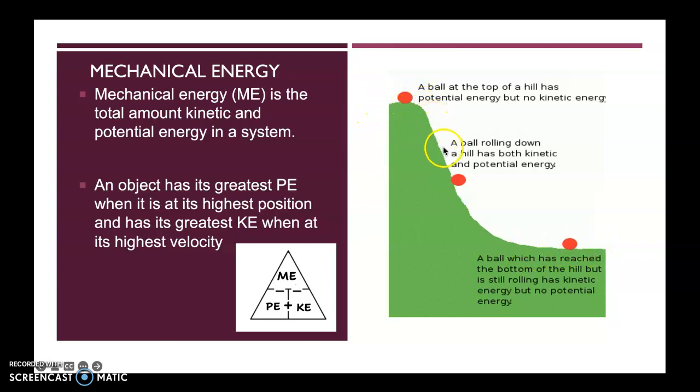So as it rolls, the potential turns into kinetic until it reaches the ground, at which point it is all kinetic. But the total amount of energy stays 100% the same. The amount of total mechanical energy here is exactly the same as it had here.